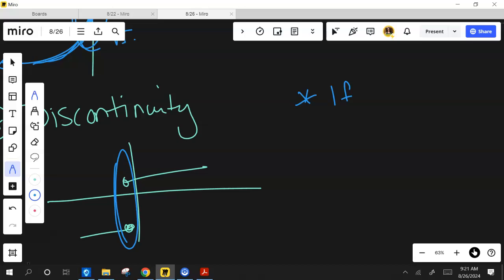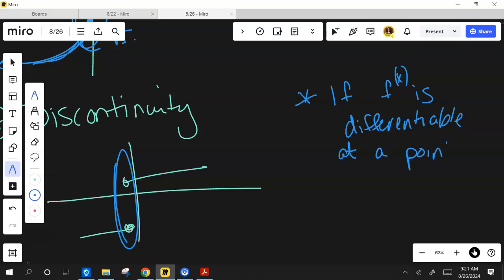Here's one thing that you do need to know. If f is differentiable, you know how we have to prove continuity?